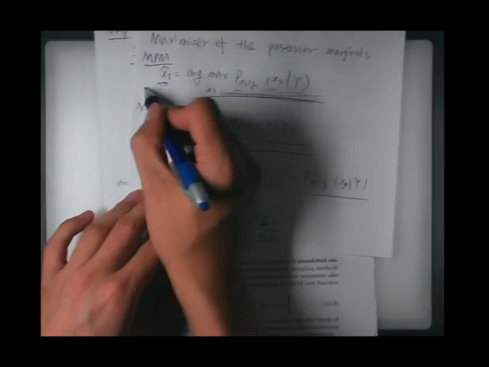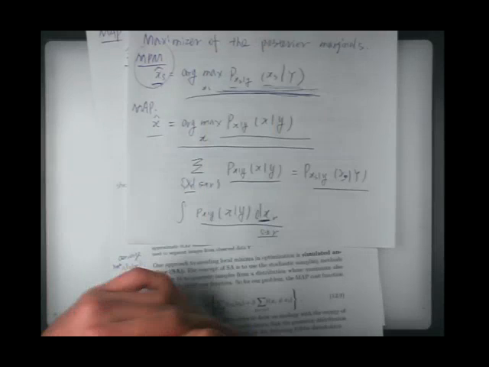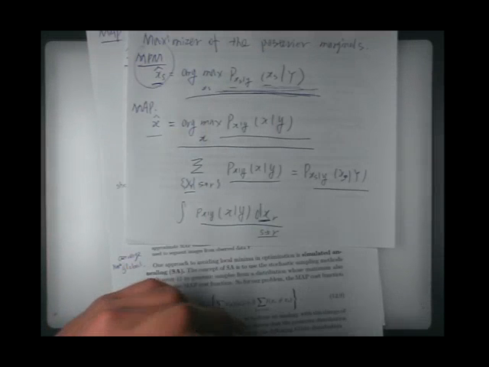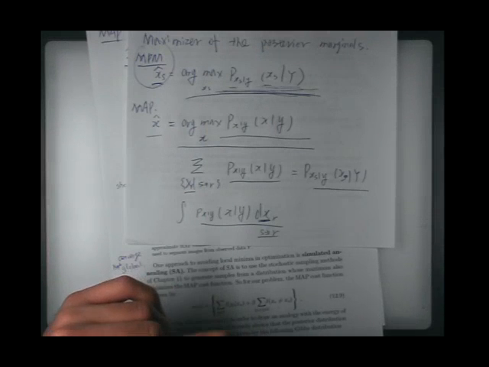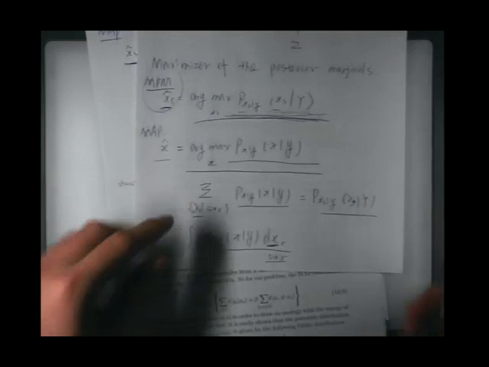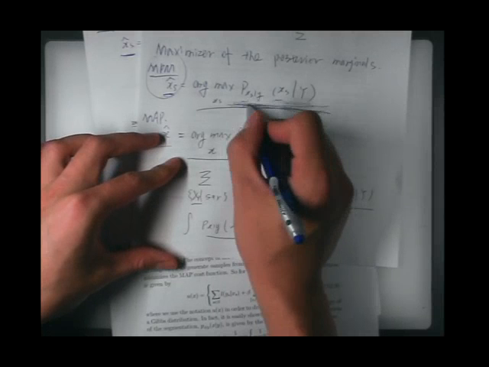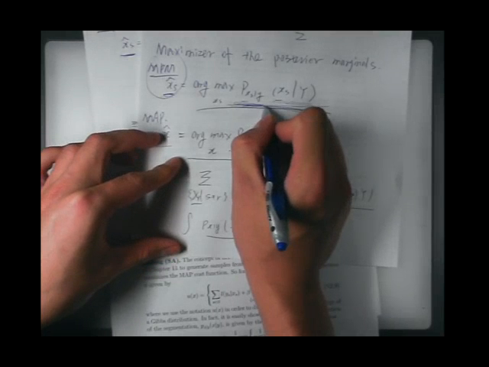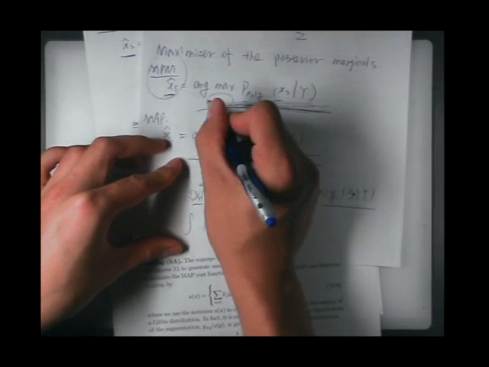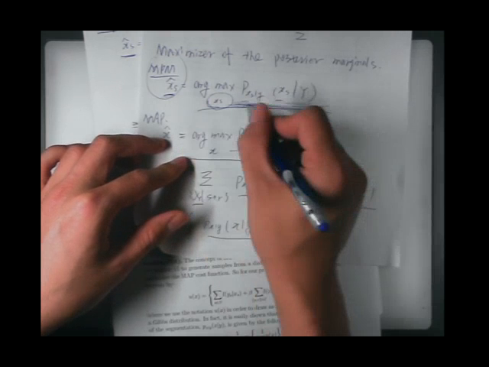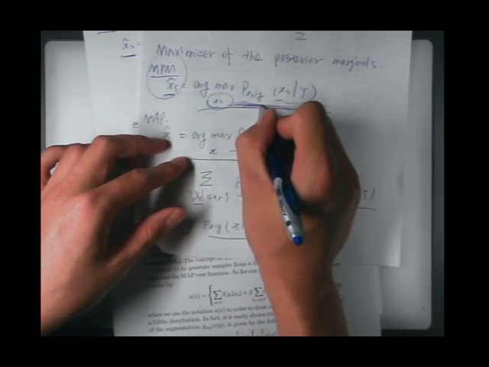But again, what is the disadvantage of MPM? Exactly. For MPM, we need to know the marginal of the posterior, not only the posterior. In order to update each pixel x_s, we need to calculate marginals again and again.